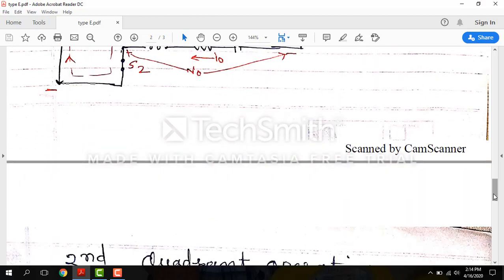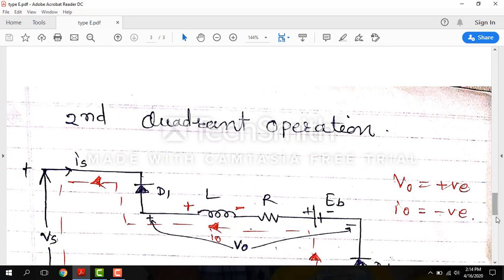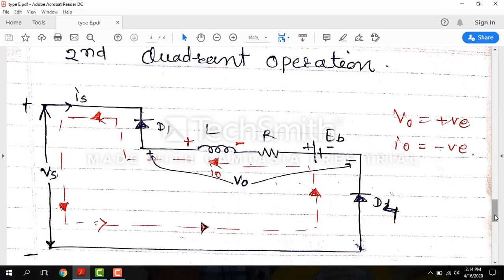Now the second quadrant operation. This is the equivalent circuit for second quadrant operation. When you turn off the switches S2 and S3, the inductor will release the energy through the diodes D1 and D4. The direction of current through the inductor is again negative, flowing from this terminal to this.